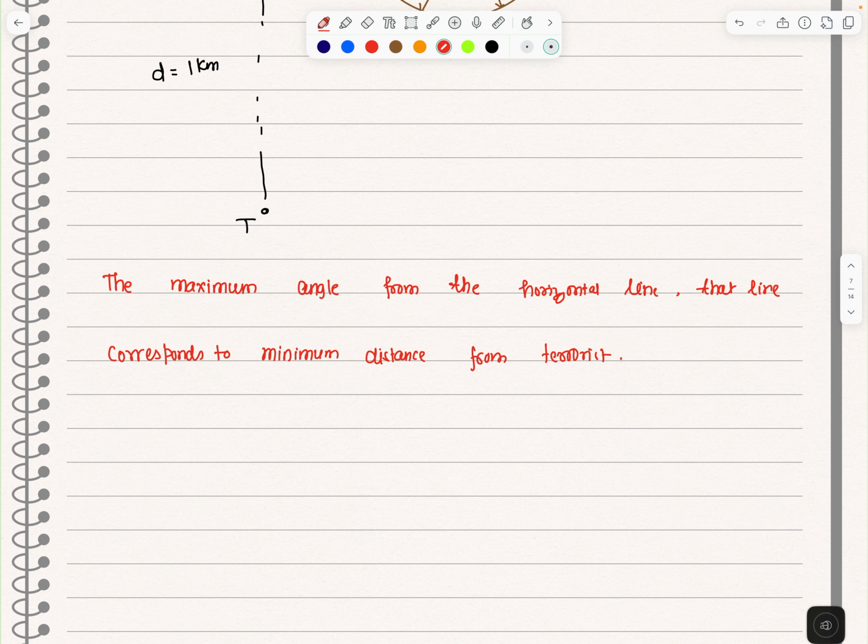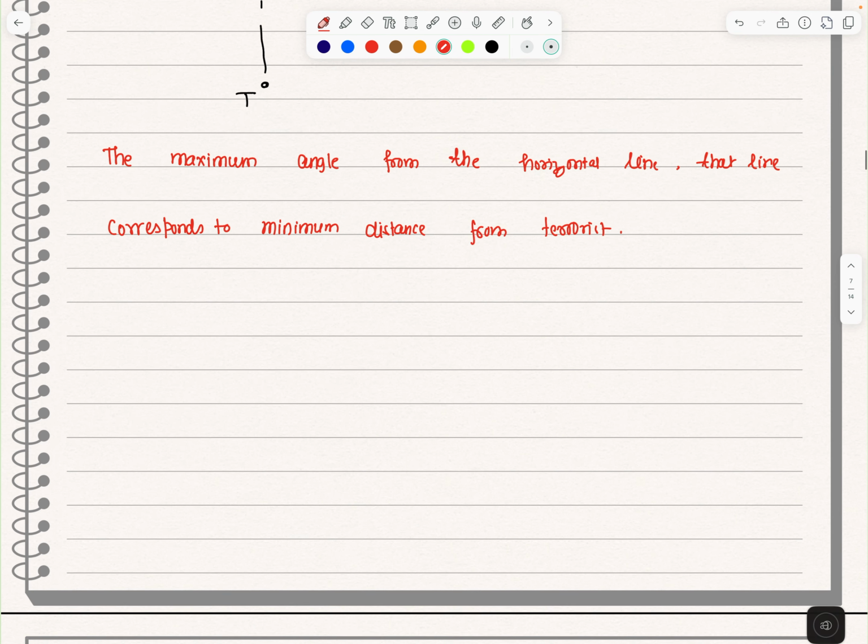That line will correspond to minimum distance from the terrorist. So let's draw it.